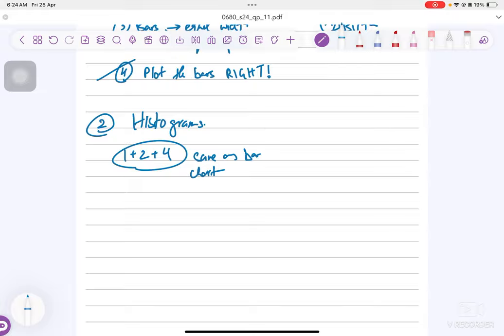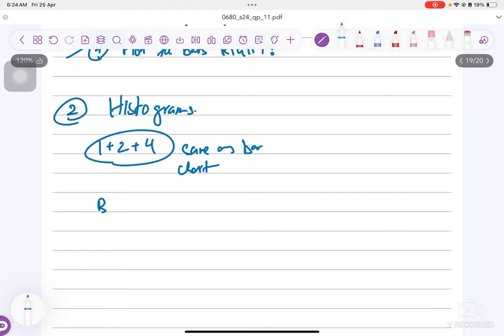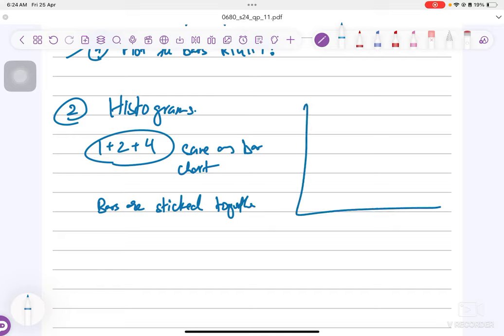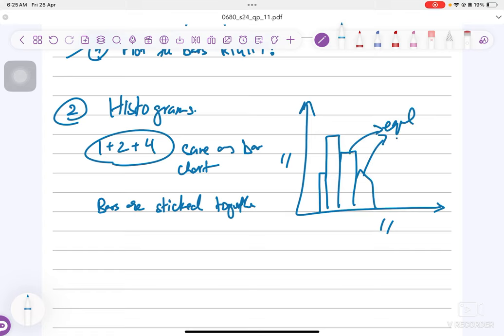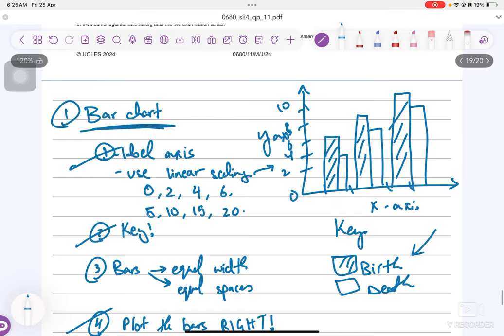But the bars are stuck together. You've got your axis labeled, okay? And your bars are like this, and they should be of equal widths.